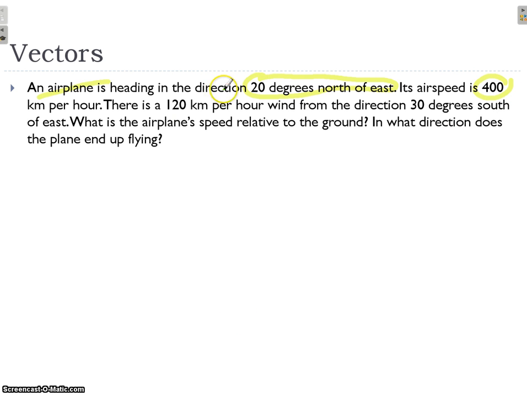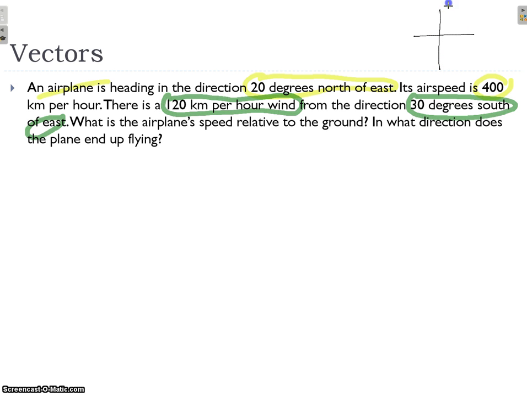Next, there's a wind with 120 km per hour from the direction of 30 degrees south of east. So in the end, we need to find the airplane speed relative to the ground and what direction. So how to solve this kind of question? Of course, the first step, we will draw the diagram.